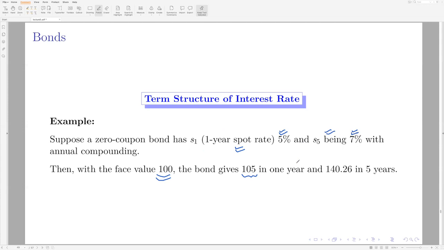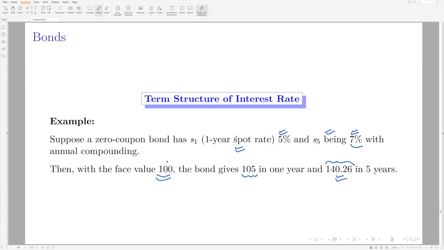Therefore, the first year it gets 7%, and then, since it's a zero coupon bond, they don't pay you the coupon, but they accumulate it in the principal and calculate the 7% on 107 rupees for the second year, and so on. In that way, if you compound annually, after 5 years your bond will return you the accumulated amount. So that is the idea of spot rate.